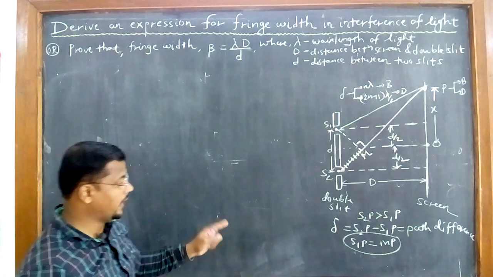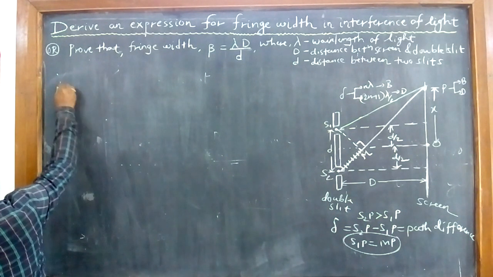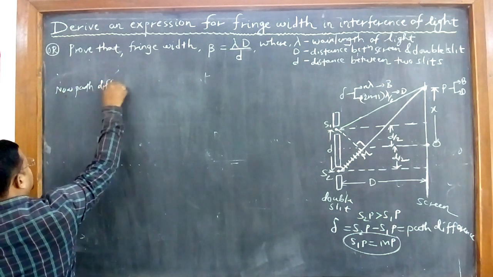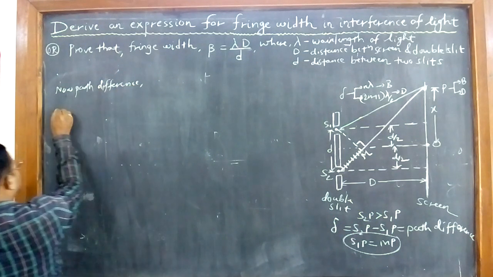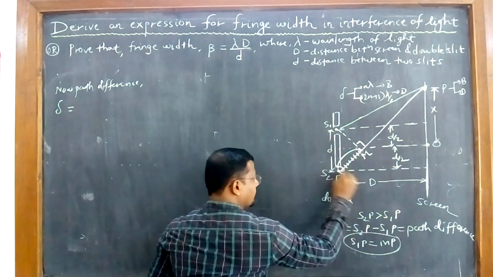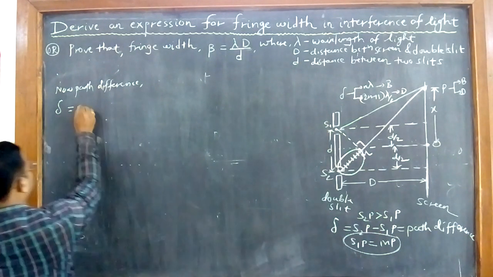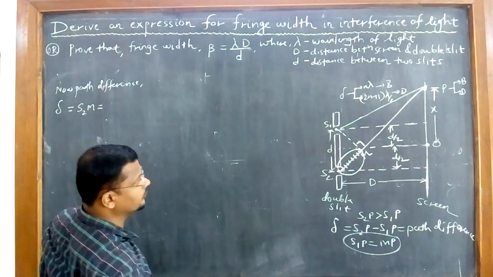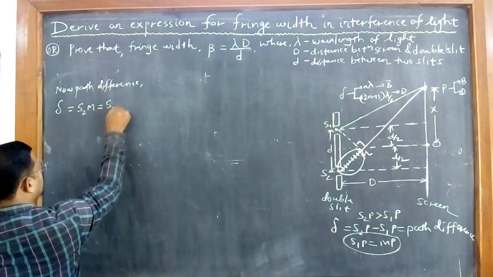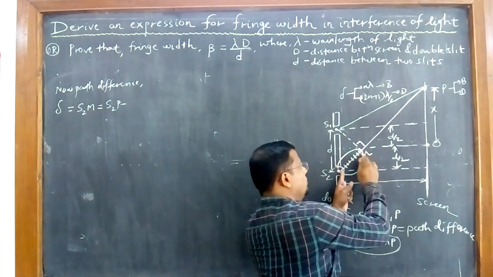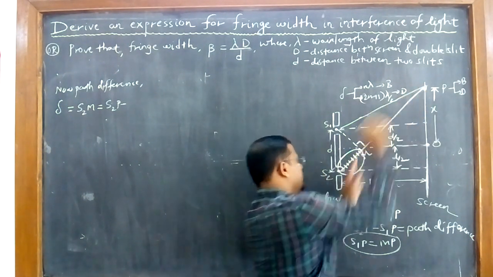Now I have to calculate the path difference here. What is the path difference? Delta is equal to S2M, the extra path. S2M is equal to S2P minus MP.